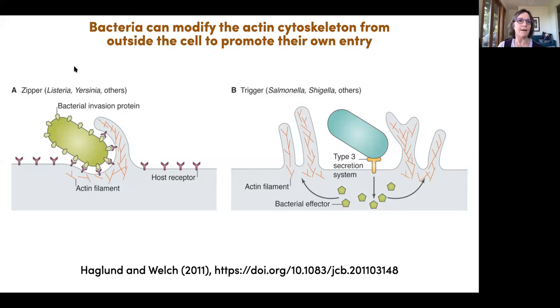There are other cases where bacteria express what people call zipper proteins, but basically they are proteins that interact with proteins on the cell surface that then lead to engulfment of the bacterium.